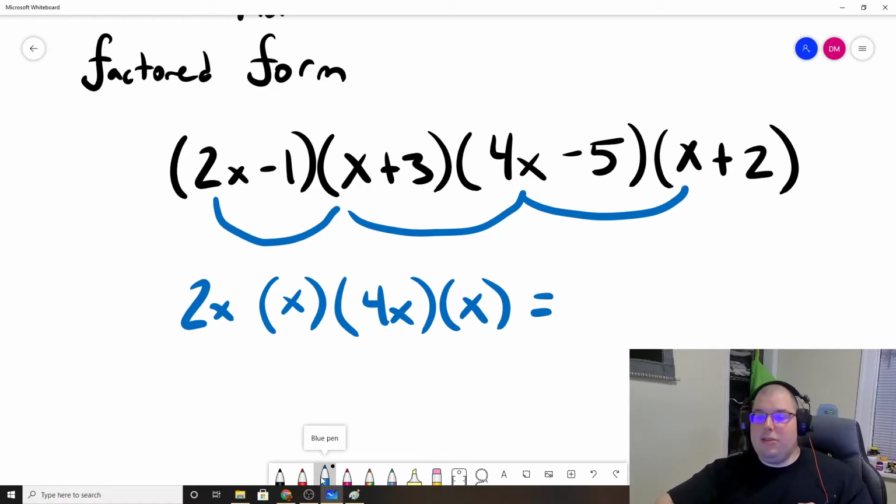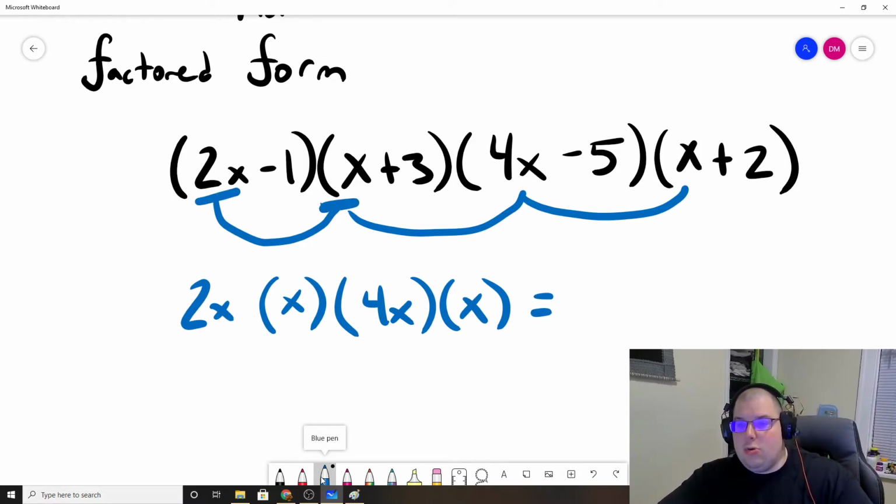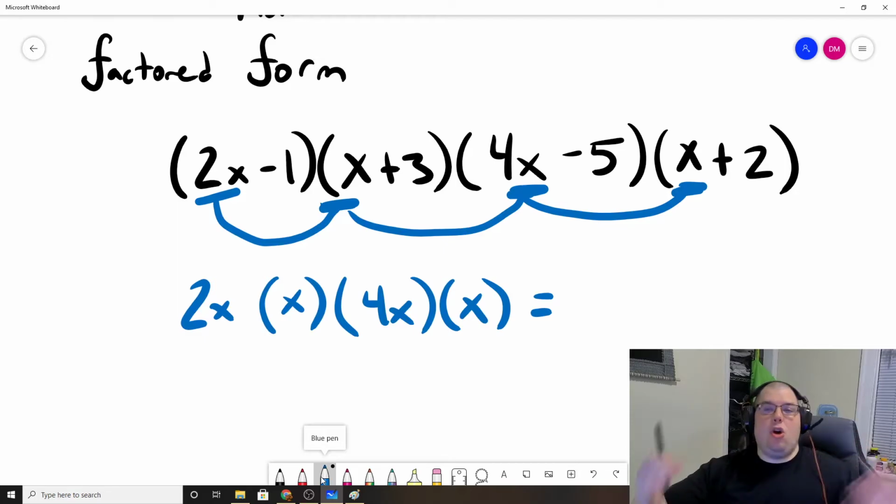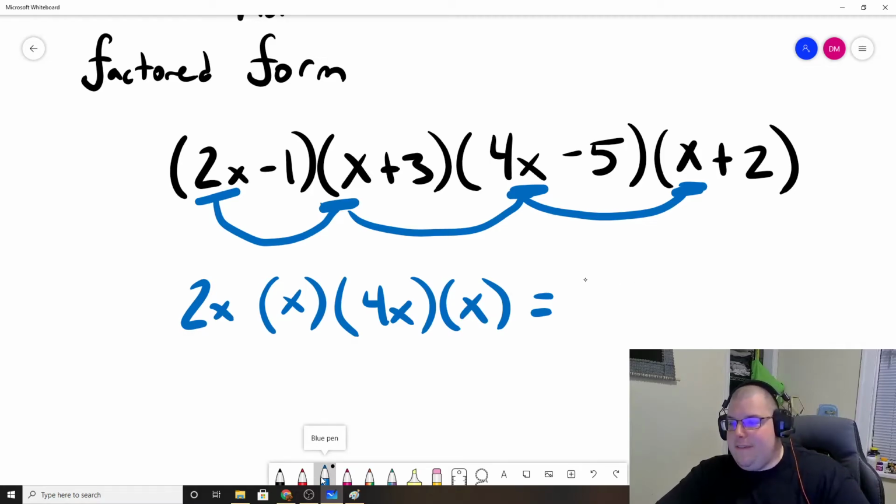I multiply all of the leading terms in each of the smaller polynomials, and I will get the leading coefficient and the degree of the big overall polynomial that would come from this multiplication. So 2x times x times 4x times x gives me 8x to the 4th.